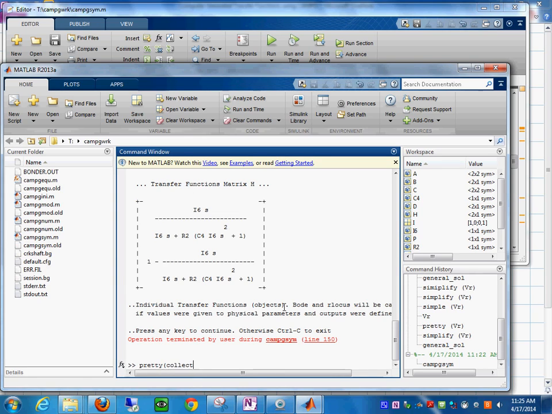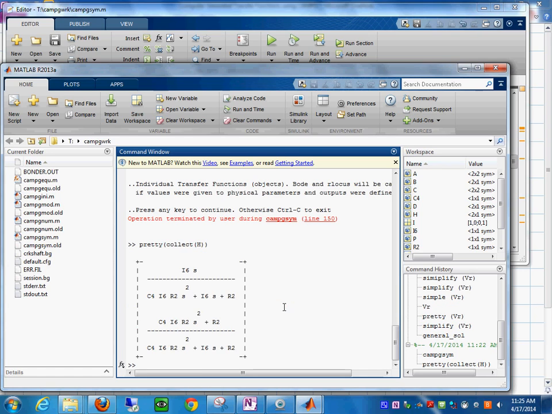The vector H is the one that in CAMG produces the transfer functions, and we have them in this form, which is a little nicer, because we have polynomial form in the numerator as well as in the denominator.